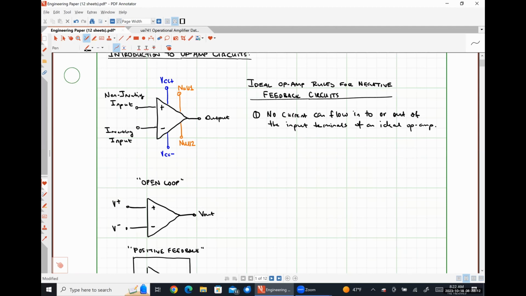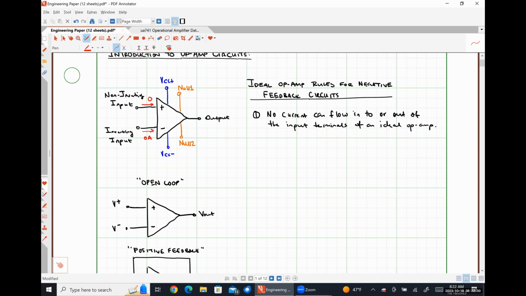So that means that this current is always going to be 0 amps, and the current shown below is also always going to be 0 amps.